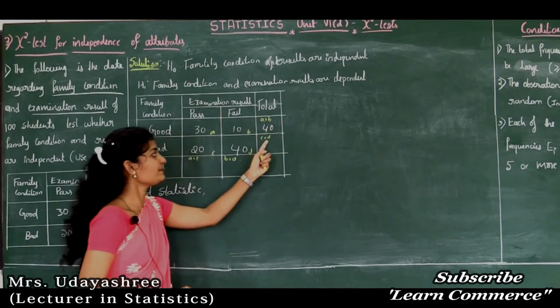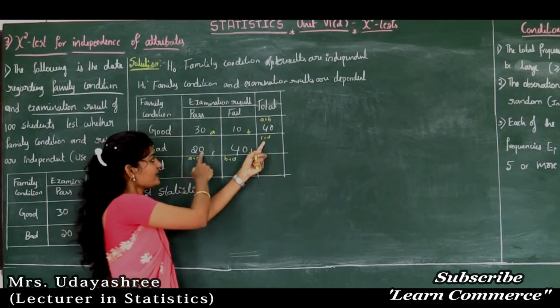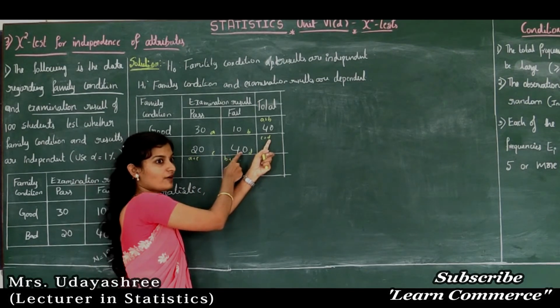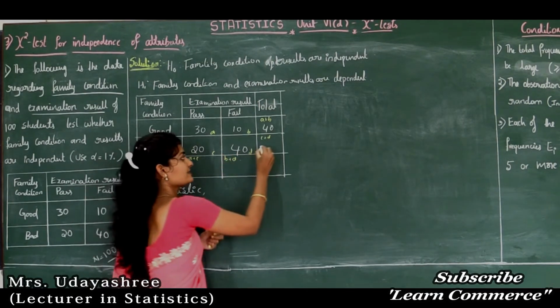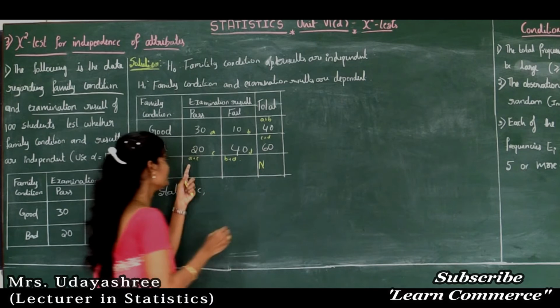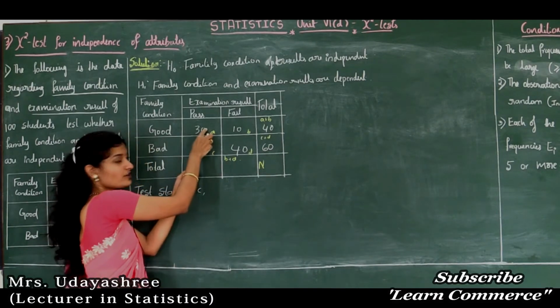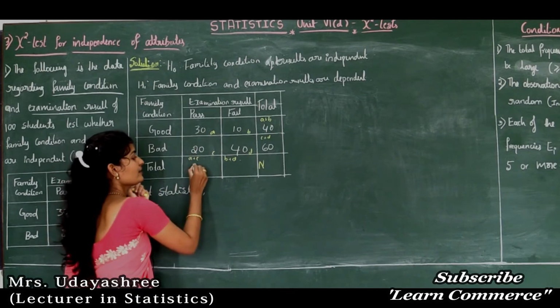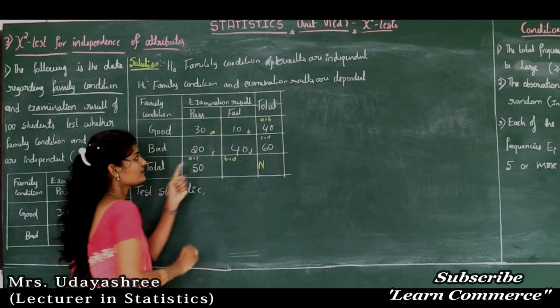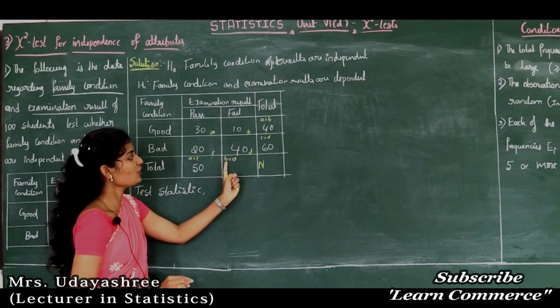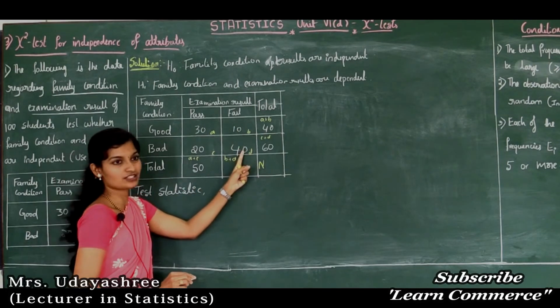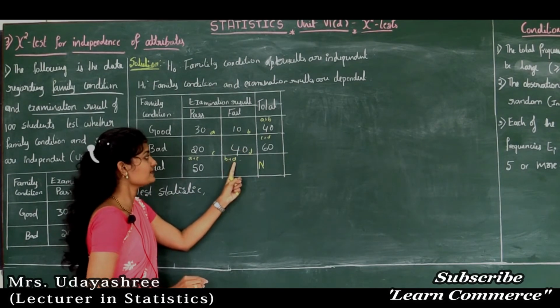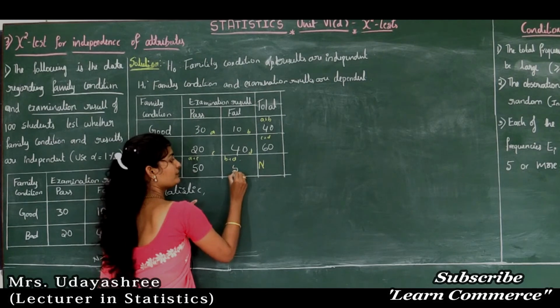C is 20 and D is 40, so C plus D is 20 plus 40, that is 60. A is 30 and C is 20, so A plus C is 50. B is 10 and D is 40, so B plus D is 50.